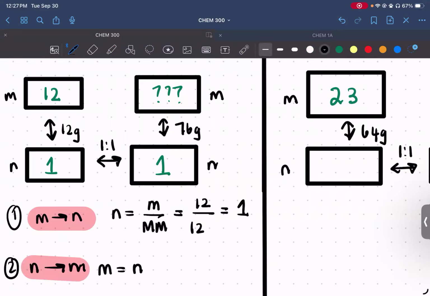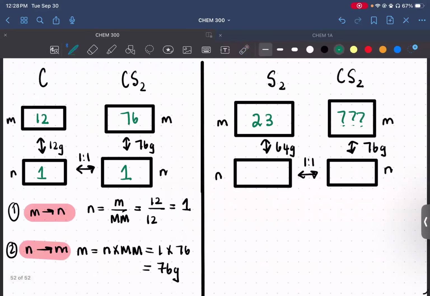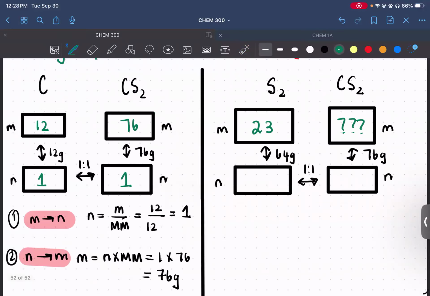Mass is equal to number of moles times molar mass. That's 1 times 76. That's a whopping 76 grams. So based on carbon, we can make 76 grams of CS2.